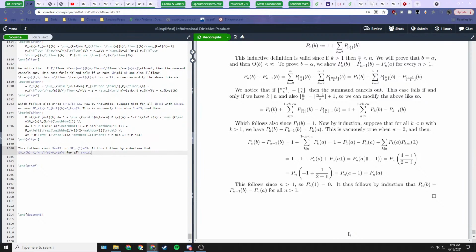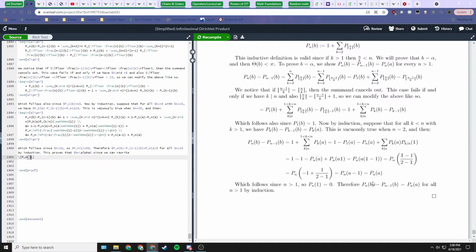Okay, so we've proven this. Now we want to show that this proves that B is alpha, since we can rewrite.